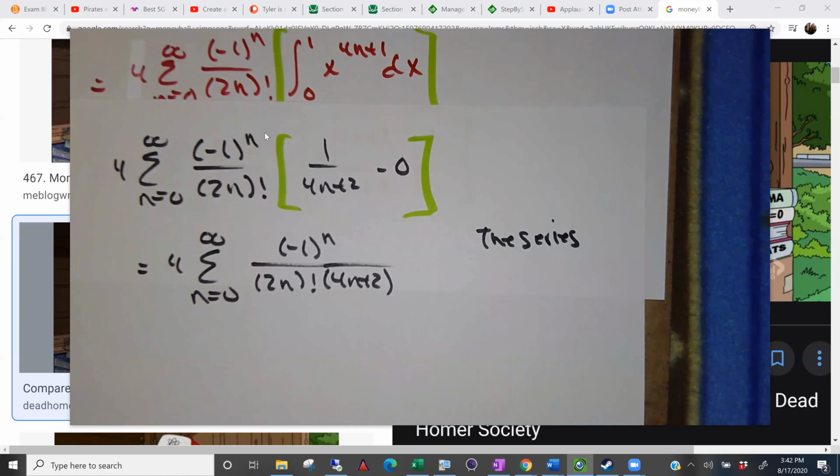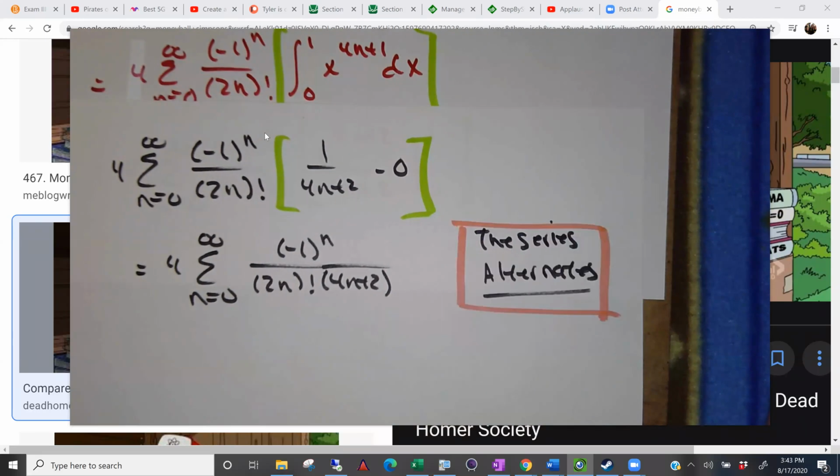What does this series do that'll help make finding an approximate value a lot easier than it could be otherwise? Converges? Well, it does converge, which is nice. It alternates. So the series alternates. So that's pretty cool.